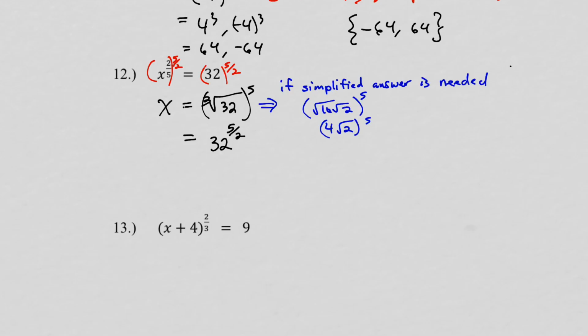So it kind of looks like that. It doesn't really help that much. 4 to the fifth power, I guess it's not that bad. Well, actually, it's kind of a big number. It's 1,024.